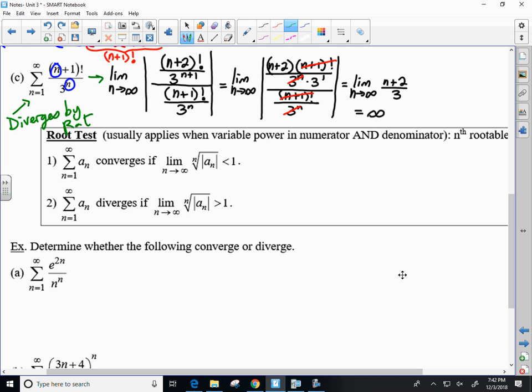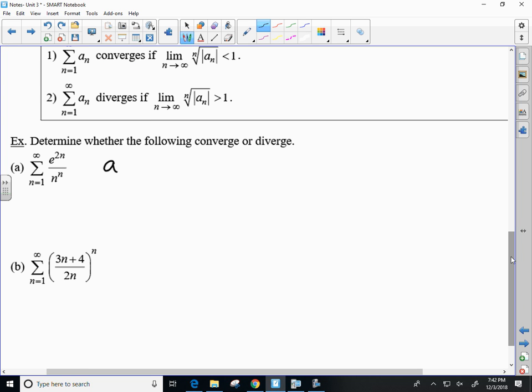So, how do we do it? Well, we find the limit of the nth root of the absolute value of the a sub n term. My recommendation would be to pull out the a sub n and manipulate it. Rewrite it as a power of n if you can. In this case, it would be e squared over n to the n.